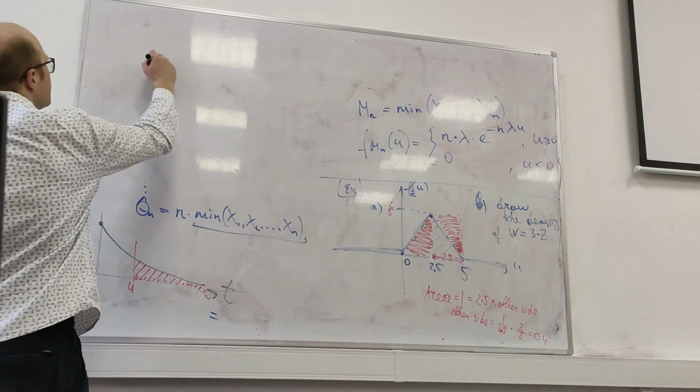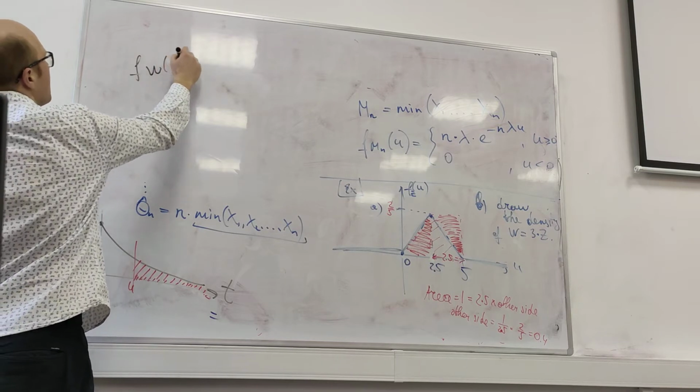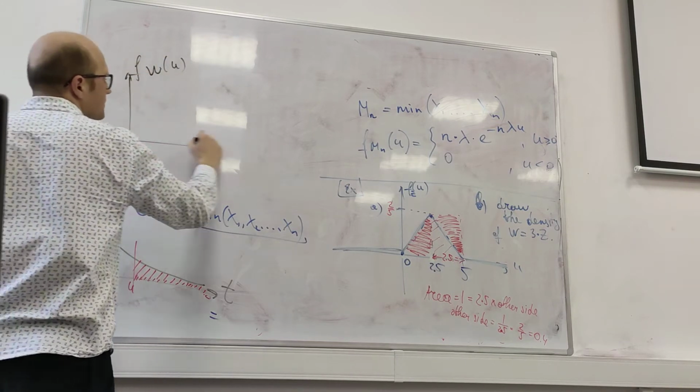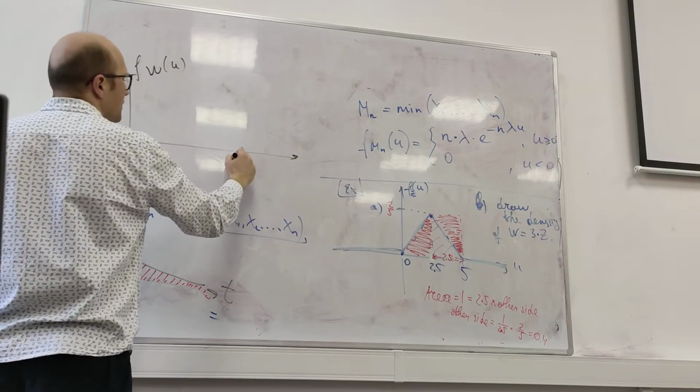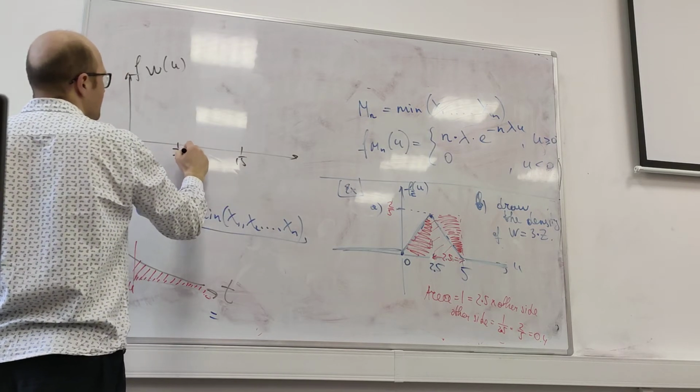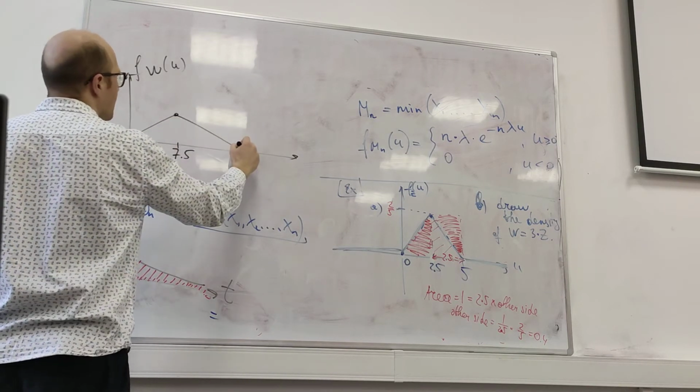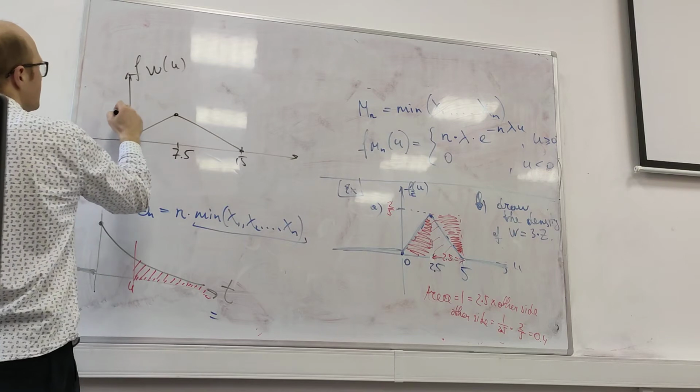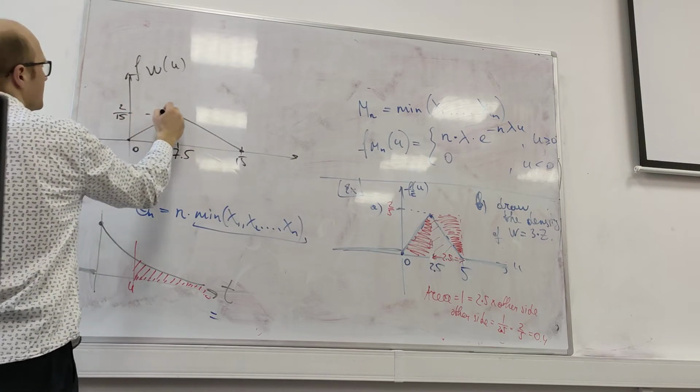Okay, so the answer: the density for W goes from 0 to 15, this is 7.5, and this is 2 over 15.